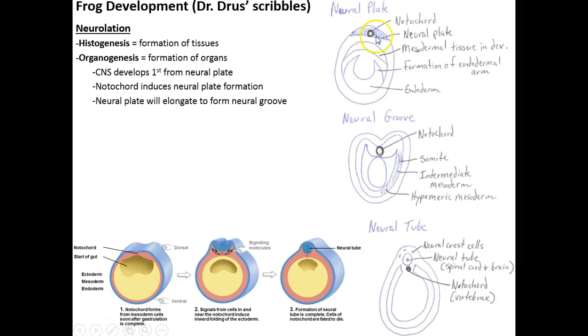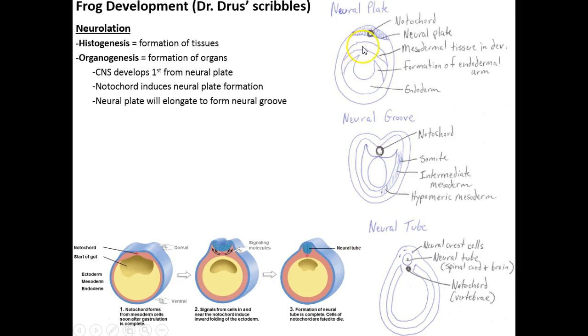Okay, so what's going to happen is that neural plate is going to elongate, and you'll see a groove developing. The notochord, you'll see, sort of migrates down a little bit. And then what happens is through pushing up, kind of like how this picture is showing right here, it seals it off. And so above your notochord now you have a neural tube, which becomes your dorsal hollow nerve cord.